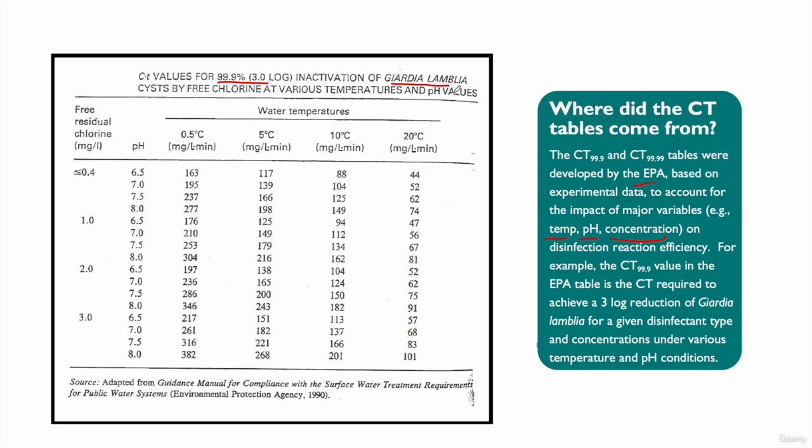Now you might ask yourself why we are designing for the removal of Giardia lamblia. Why not for viruses or bacteria? We have already seen that bacteria are easily removed by chlorine, even in small concentrations, and that for protozoa, like Giardia lamblia, we need higher concentrations of chlorine. So we are designing on the hardest type of pathogens to be removed by chlorine.